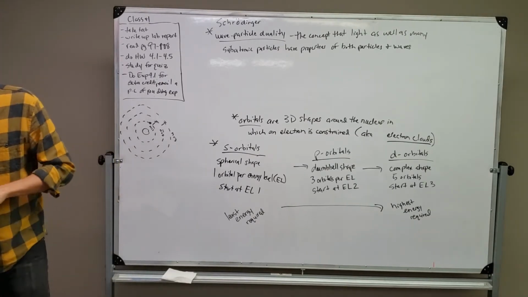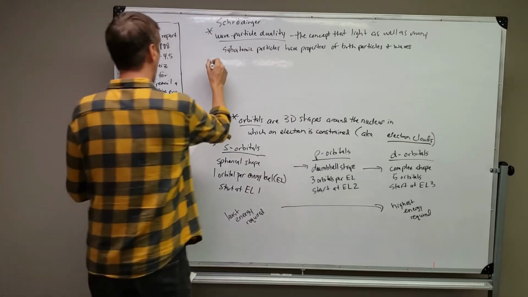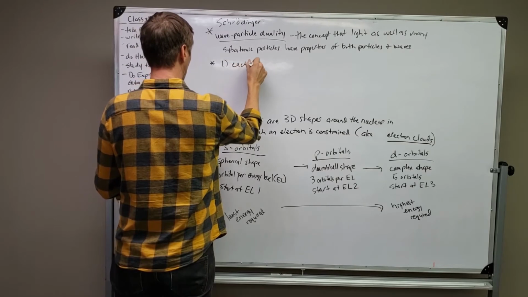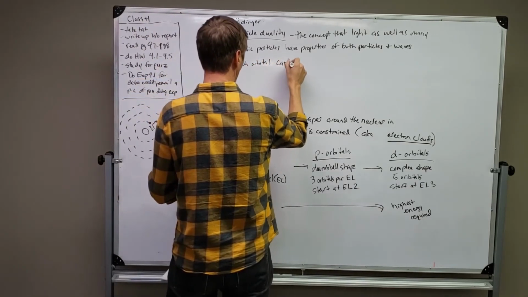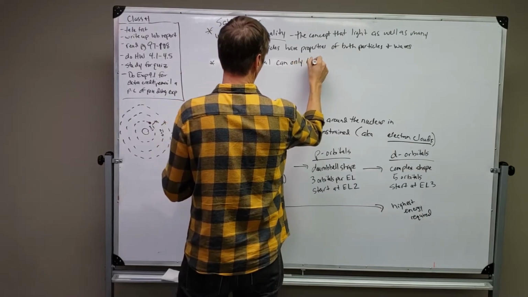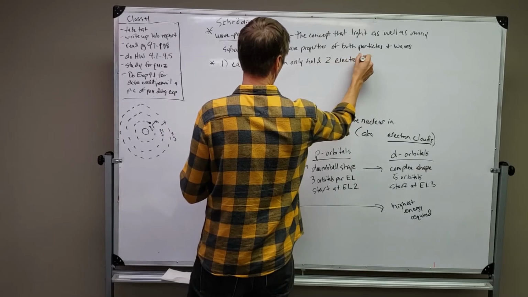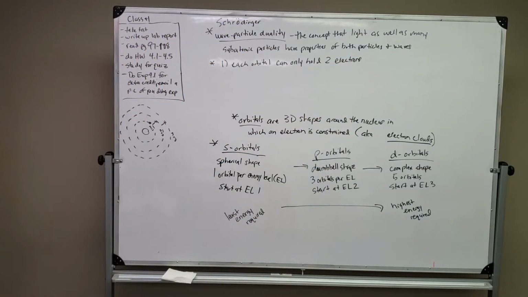There are two things we need to consider when we talk about where the electrons typically are in an atom. We need to remember that each orbital can only hold 2 electrons.